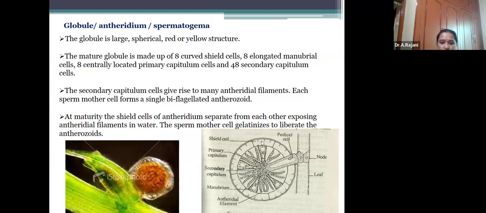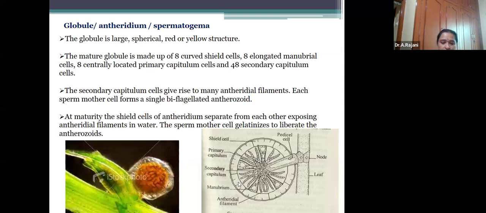See, 8 shield cells are present, and after the 8 shield cells there are elongated, handle-like cells. That is called the manubrium. The same 8 shield cells, 8 manubrial cells.